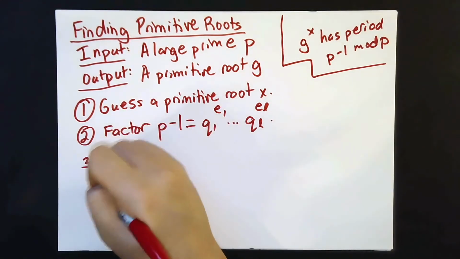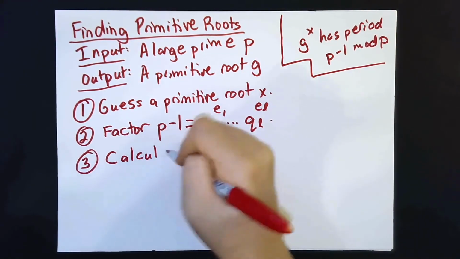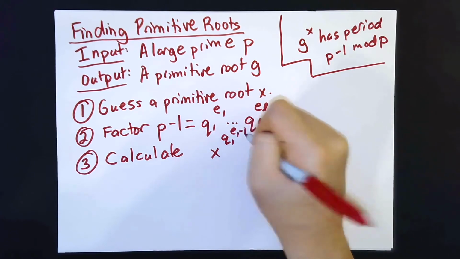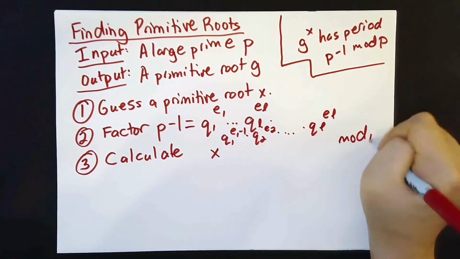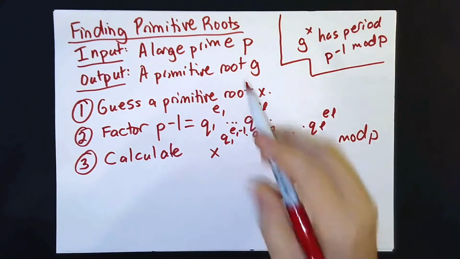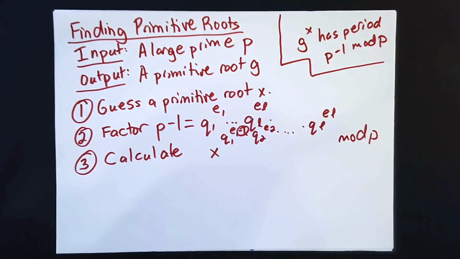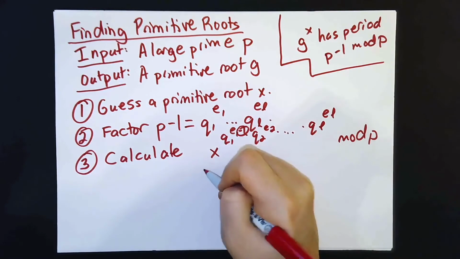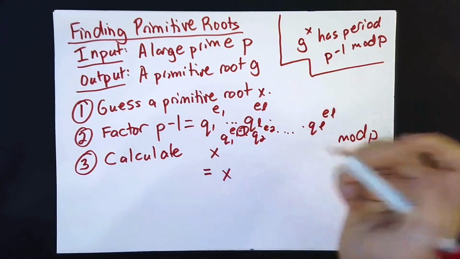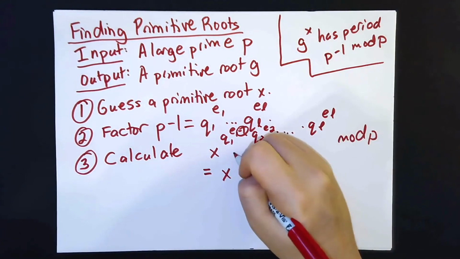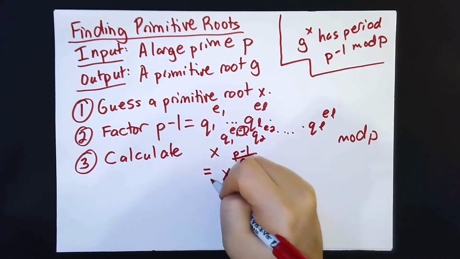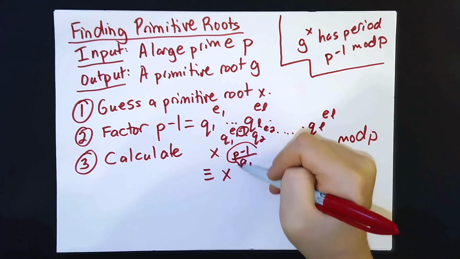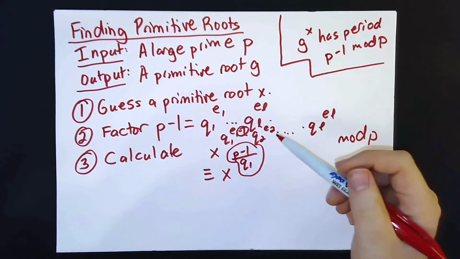So then I'm going to take my x, that was my guess, and I'm going to raise it to this number, which is almost p minus 1, except that I've taken away q1. In fact, if you want, I could write this same number as x to the (p minus 1) divided by q1 mod p, but you have to agree with me that this number is an integer in the power.